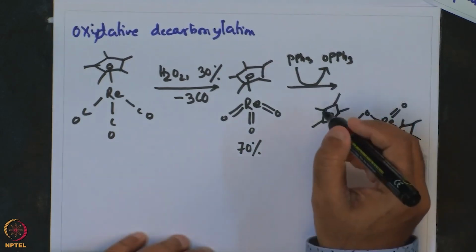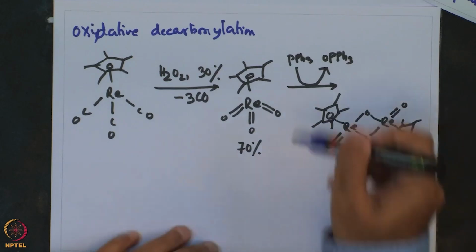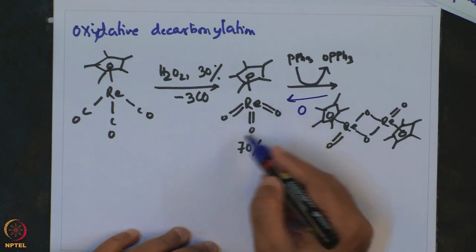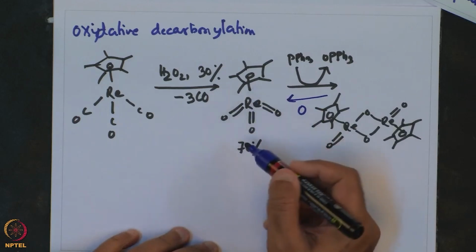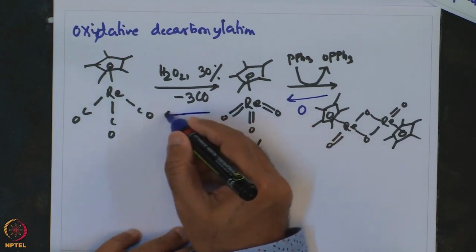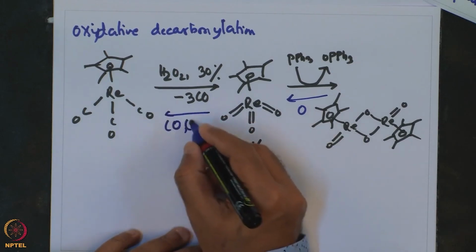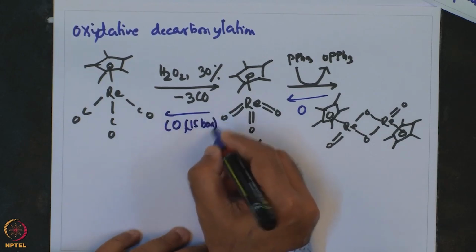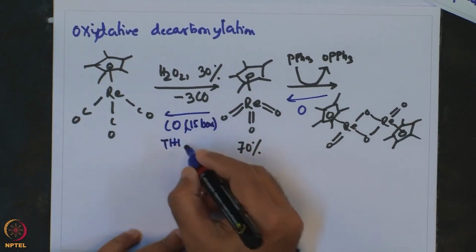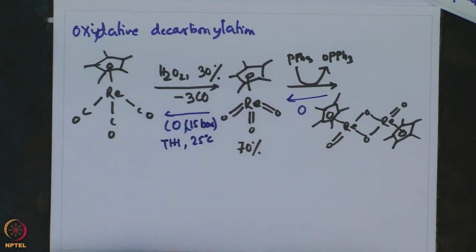The opposing reactions: if we take the dimer and react that with oxygen, it gives this rhenium Cp star trioxo compound, which in presence of high CO pressure in THF at 25 degrees centigrade would give back this rhenium tricarbonyl compound.